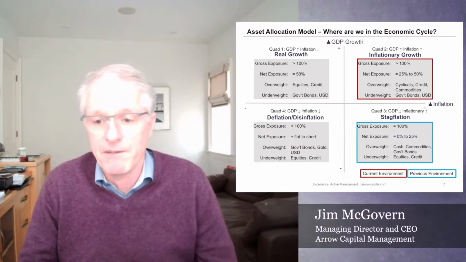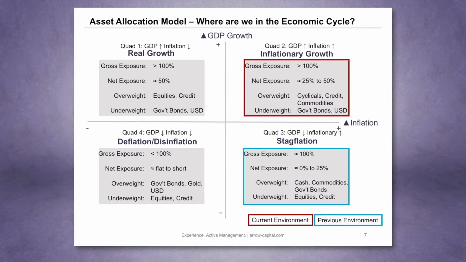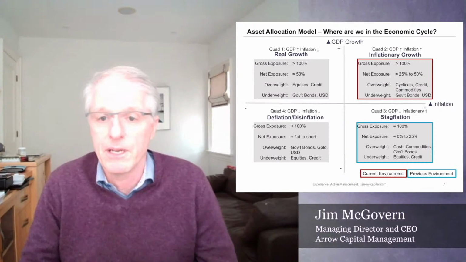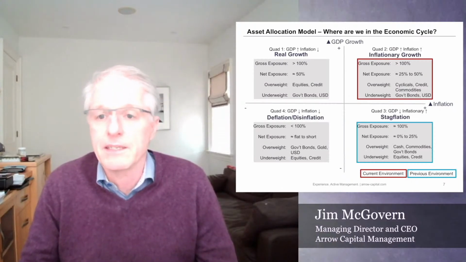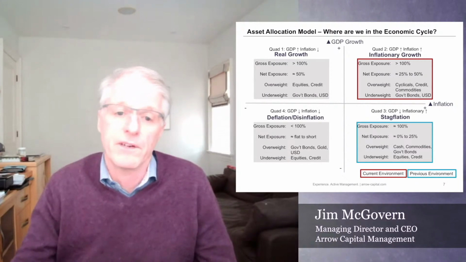But from time to time, inflation can rear its head, as it's doing now, and can create other types of situations economically. For us, the part of the cycle that's the most dangerous for long-only type mandates would be a deflation, disinflation type market, where the delta on GDP and the delta on inflation are both inflecting down. We actually sort of see that as a likely scenario for later this year.